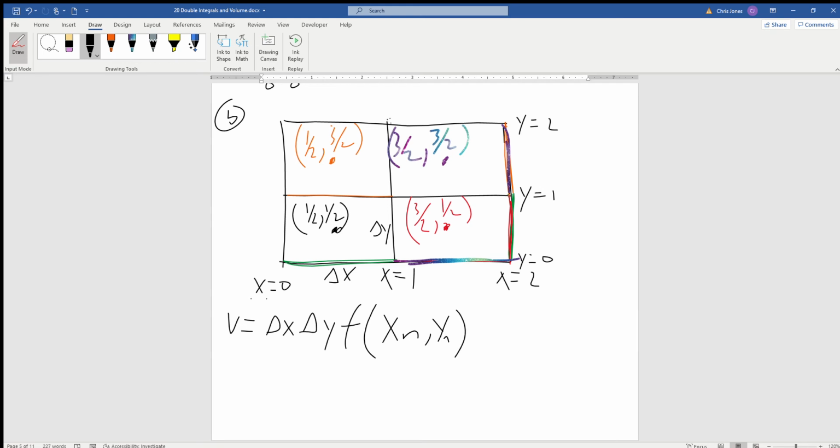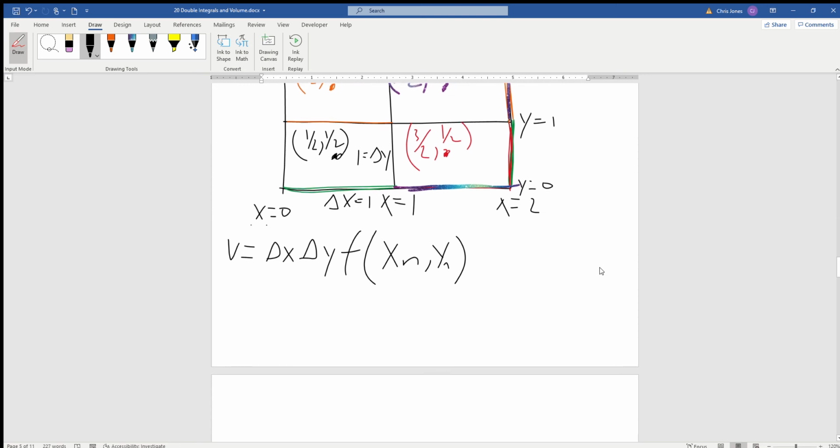The good news is that for all the rectangles, the length of x is 1 and the length of y is 1. So what we really have is just some squares, and then we shoot that up, and that forms our rectangular solid.